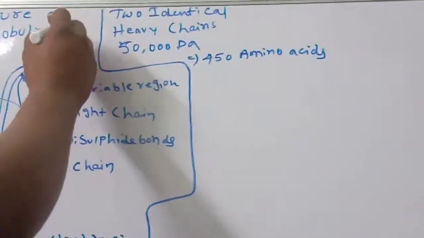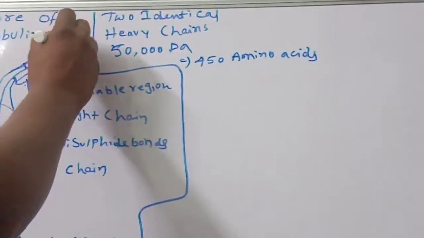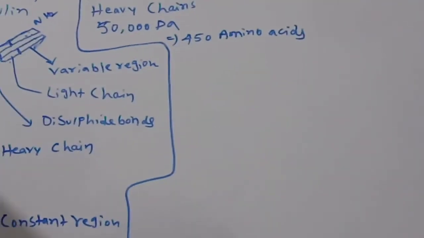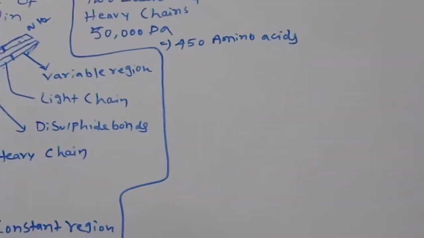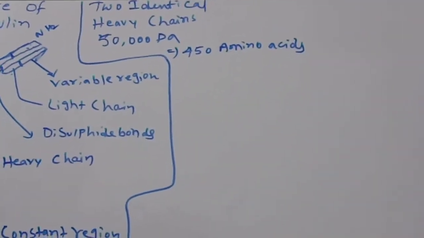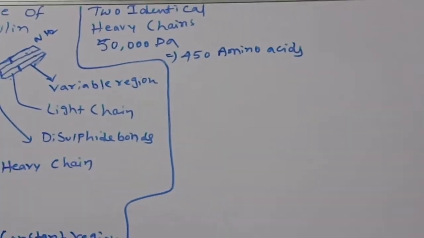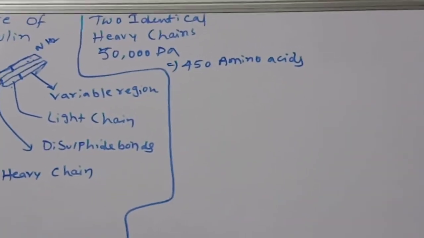See now, here the NH2 group is there, and here the carboxylic group. Here the carboxylic group; where the NH2 is there, here the carboxylic group will be present. Like that, the structure also will be there.